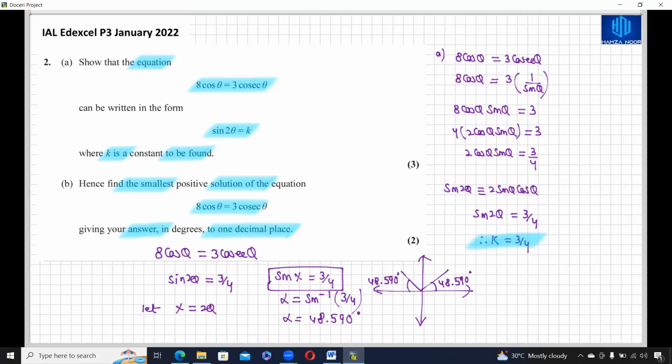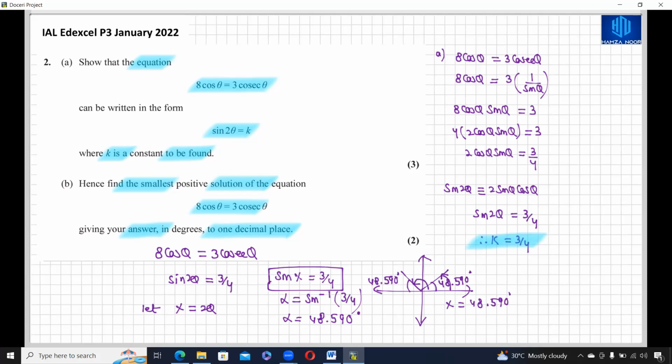The smallest positive solution for x would be this 48.590 degrees, because the other solution would not be the smallest positive, so we are going to ignore 180 minus 48.590. Therefore, the smallest positive solution for x is 48.590 degrees.